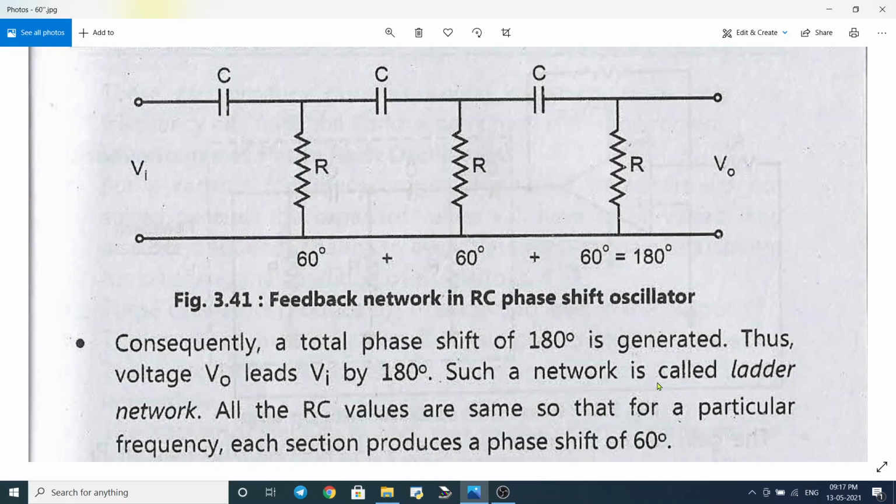Such a network is called a ladder network. Ladder network means the same component is repeated one after another, so it is called a ladder network.